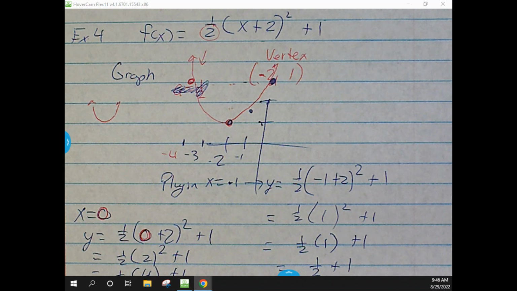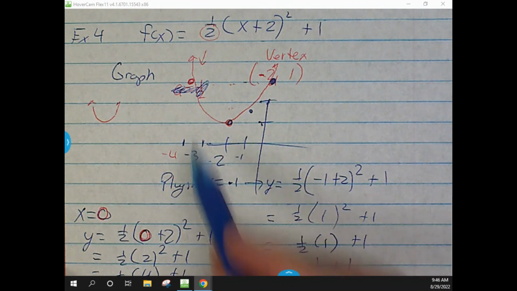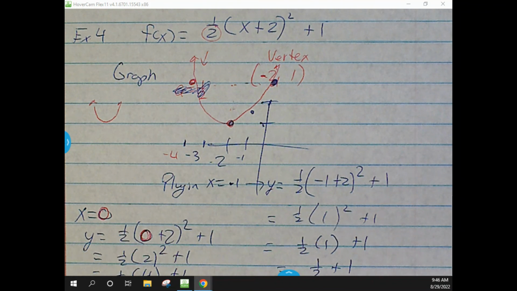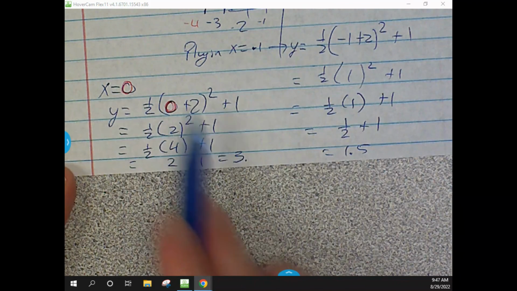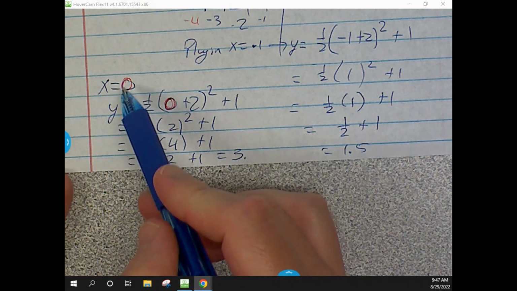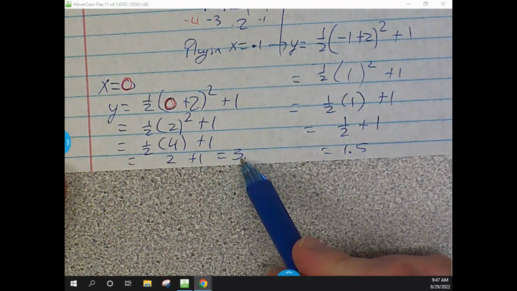I'm confused. Why do we go up 2 over 1 and then up 1 again? Oh, if this is a fraction, other than telling us the shape of this one, it doesn't tell us anything else. There's no up and overs if it's fractions. So what we have to do then is take values and plug in numbers until we get points that are on the graph. So like we plugged in 0, we got 3.